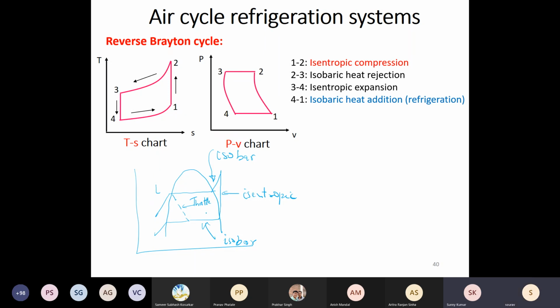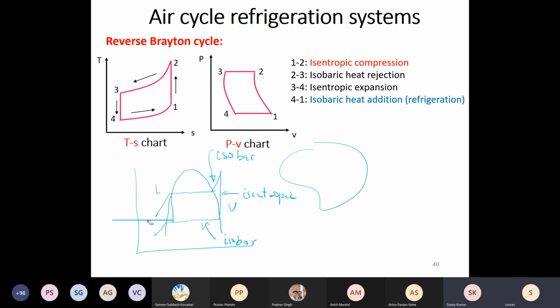Okay, so these were the four devices or four process lines. So throttling process, isobaric heat absorption, isentropic compression, isobaric heat rejection. In Brayton cycle, it is just shifting of this entire process to this region, far away from the dome. Okay, so instead of seeing this as a throttling process, you go back to the isentropic expansion process.